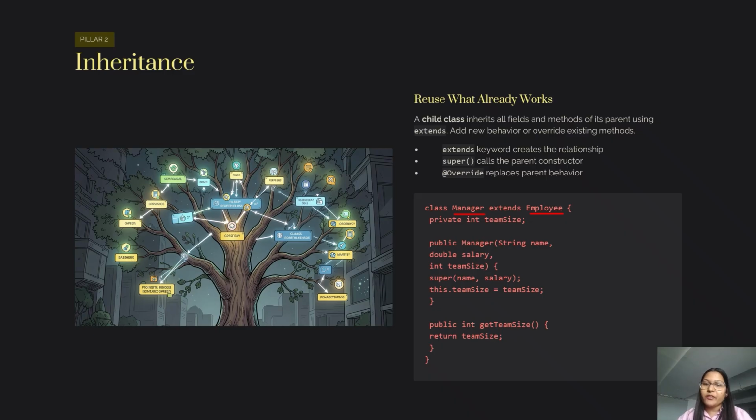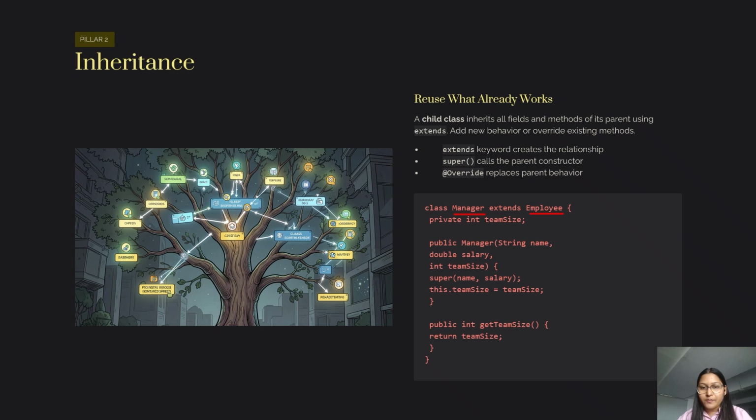So we have previously defined the Employee class that has name and salary. But we have another class which is Manager, right? Which has the same attributes, name and salary. So rather than defining them again from scratch, we will be using those attributes from the Employee class only, right?